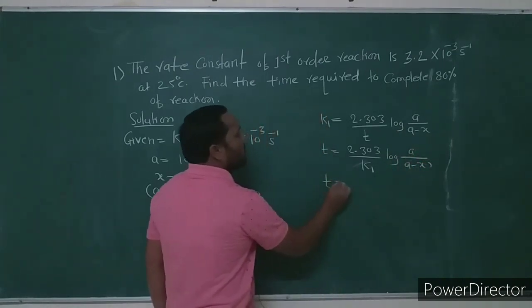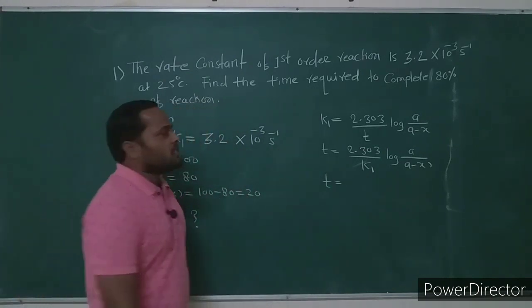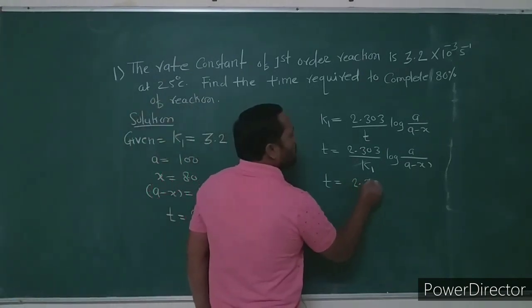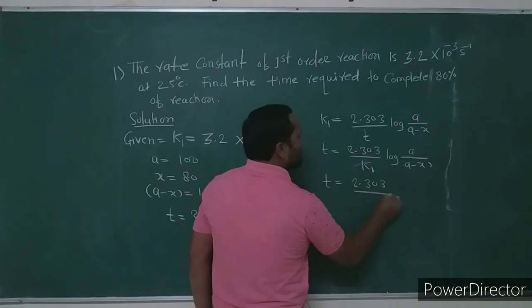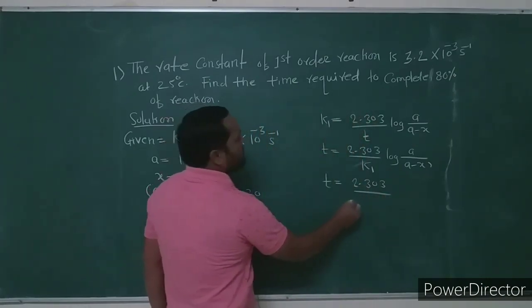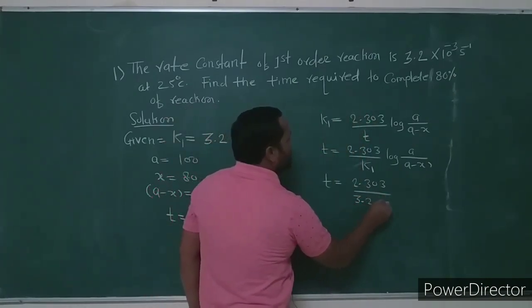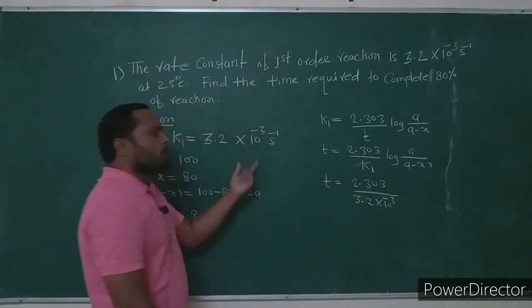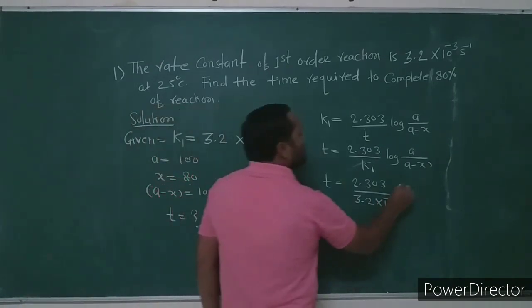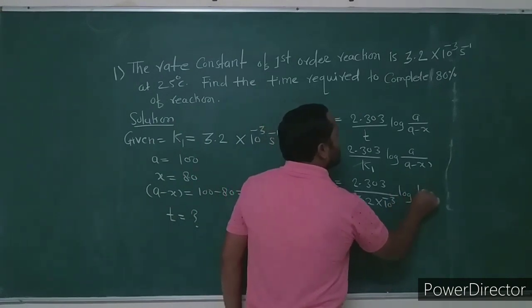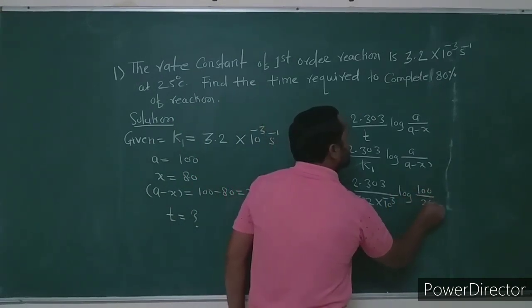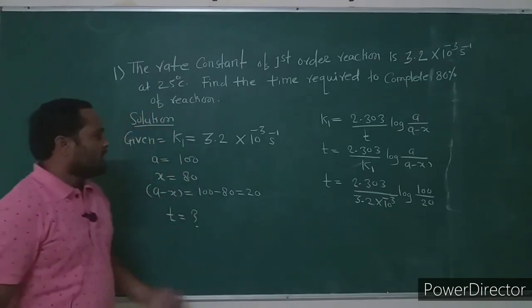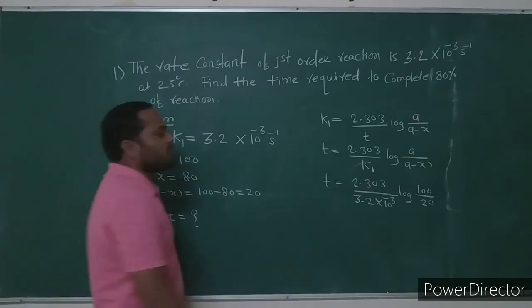Then T is equal to 2.303 divided by K1, which is given as 3.2 into 10 raised to minus 3 per second, log of A, which is 100, upon A minus X, which is 20.